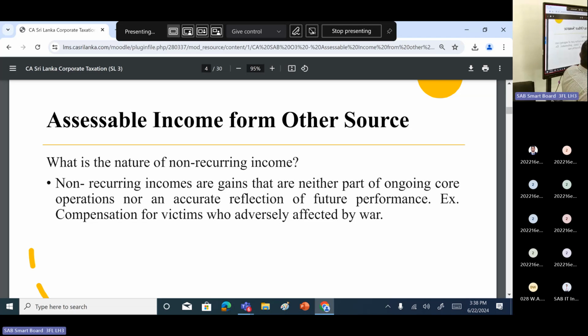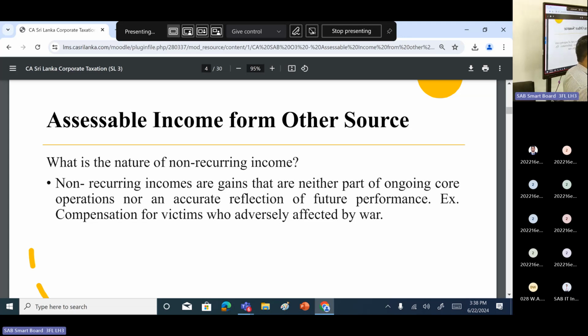And they do not reflect future performance. Compensation for victims who lost capital by war. And that's the landmark case. So that case law says one person got some sort of gain by dismantling some building structure.